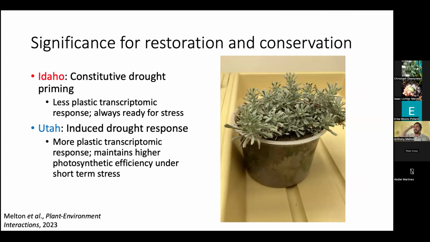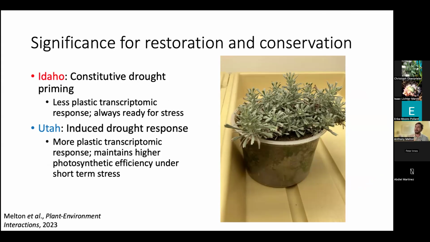And so overall, from this first experiment that I'm talking about, we see two big different strategies, two notable strategies between our Idaho and Utah populations. So the Idaho population, we say, has a constitutive drought priming strategy. It's pretty much always ready for stress.